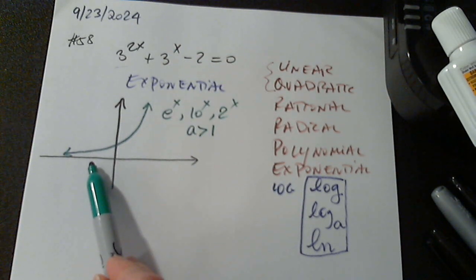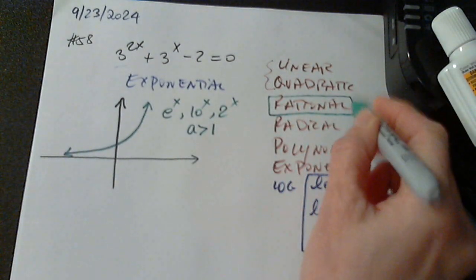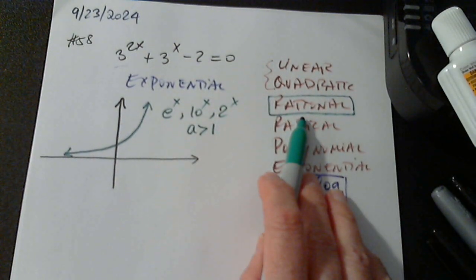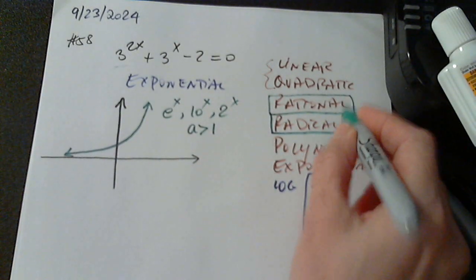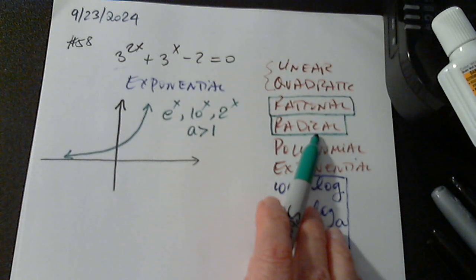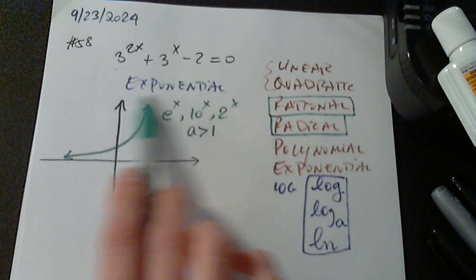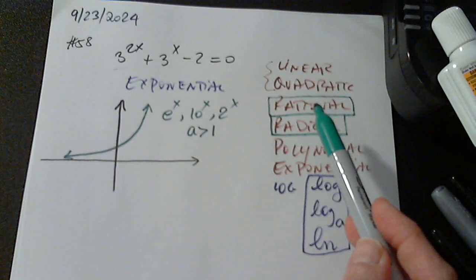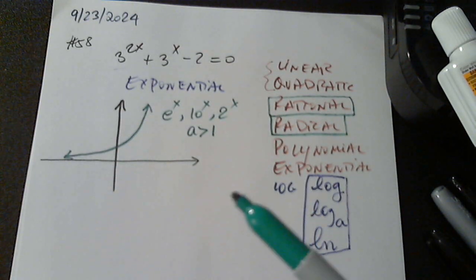Are there any restrictions on the exponential function? Because remember, we had restrictions here. The denominator could not be 0. We had potential problems here. Sometimes we found extraneous solutions. So I would like to identify whether the exponential function is of this category where I have to worry.